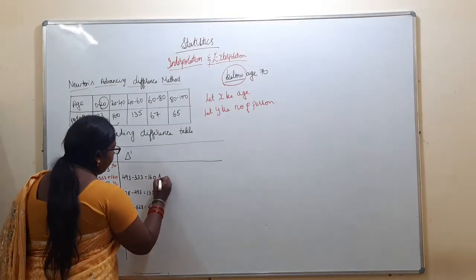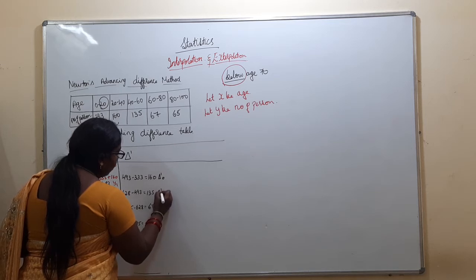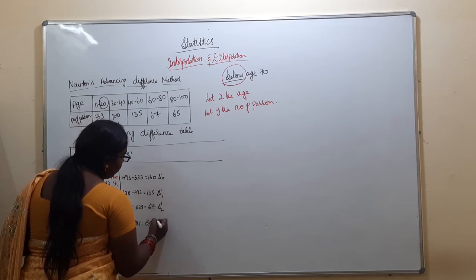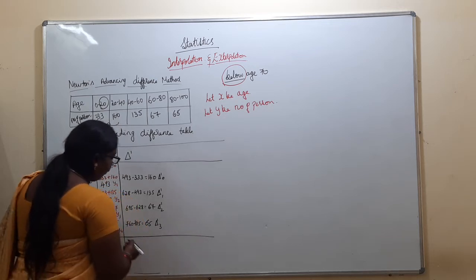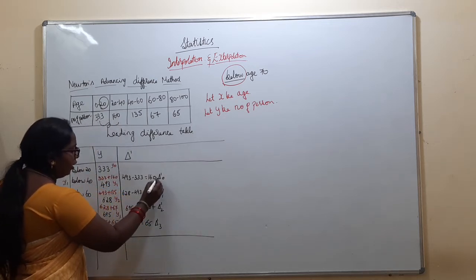So delta y0, delta y1, delta y2, delta y3. I have converted my 4 factorial to 3 factorial.